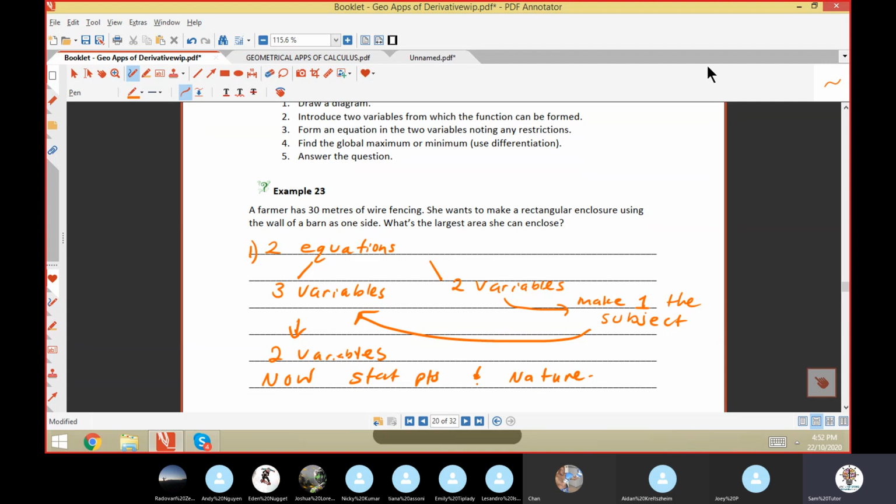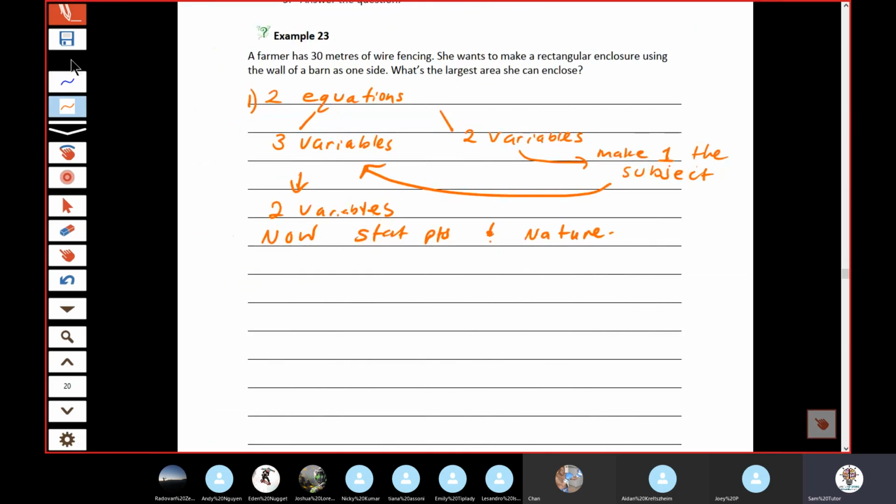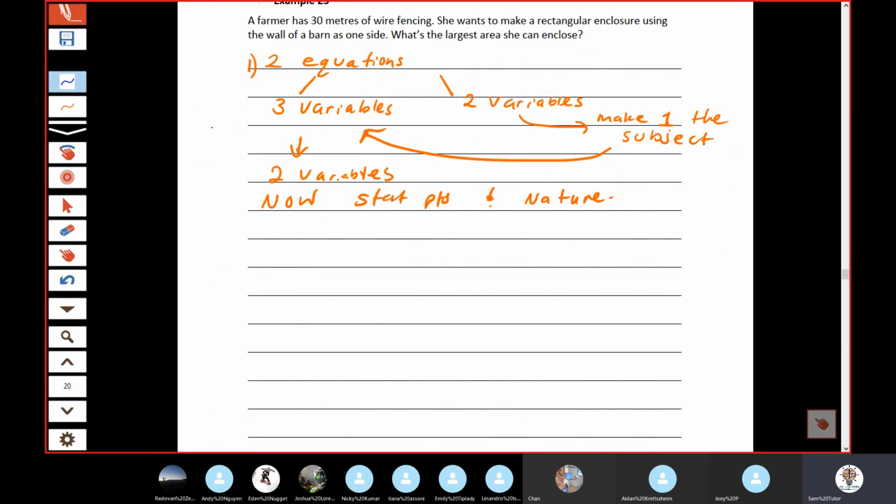All right, let's start again. A farmer has 30 meters of wire fencing. Oh, every piece of information in this topic is important. So you don't ignore really anything. So if it says 30 meters of wire fencing, you're going to use it. She wants to make a rectangular enclosure using the wall of a barn as one side.